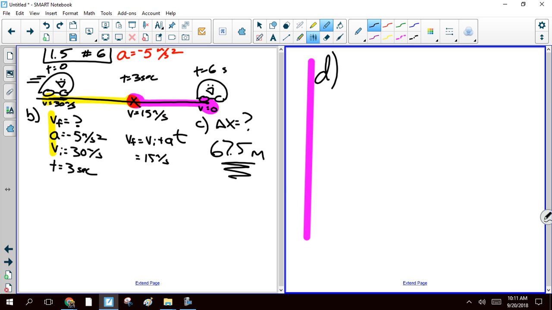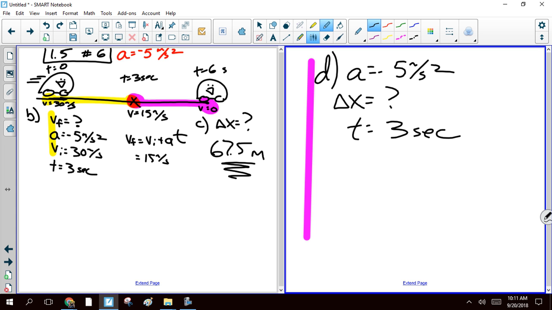Let's write down what we know. What's our given information? Good, we know our acceleration because we found that in part A. We're trying to find out how far it goes during the last 3 seconds, so my time is still 3 seconds, right?